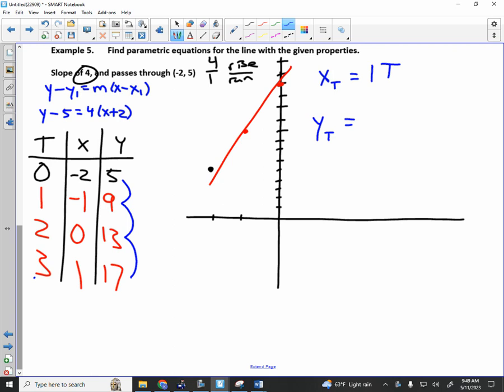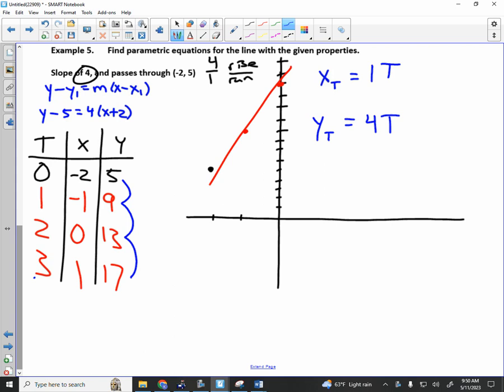So the slope for y is 4. Now we've got to get our starting point, okay? If you plug in 0 for t, what does x come out to be? -2. If t is 0, x is -2.